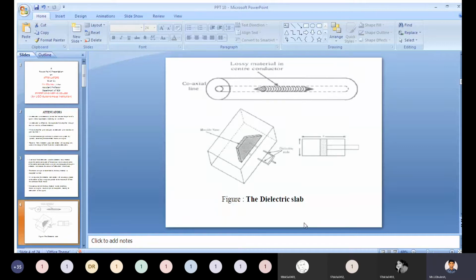The dielectric slab may be made movable along the breadth of the waveguide by supporting it with two dielectric rods, separated by an odd multiple of quarter guide wavelength and perpendicular to the electric field.